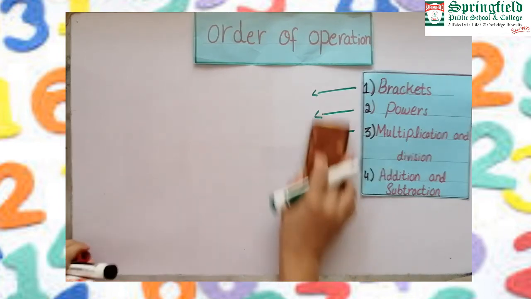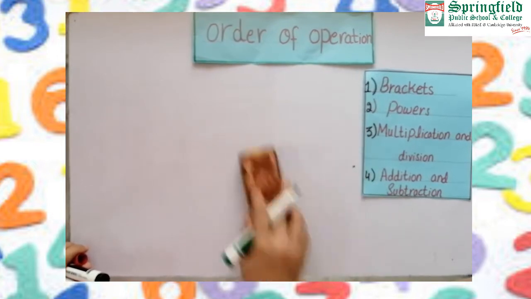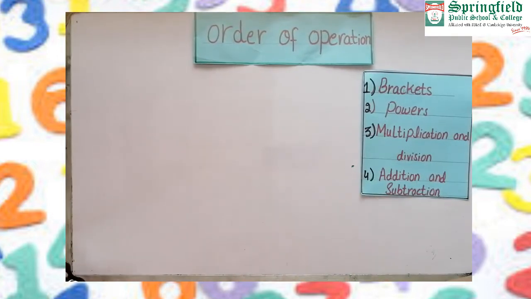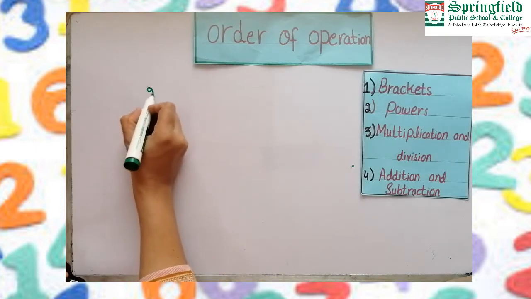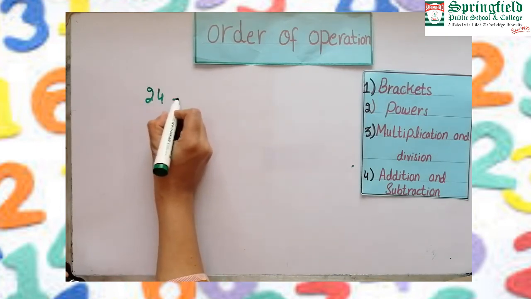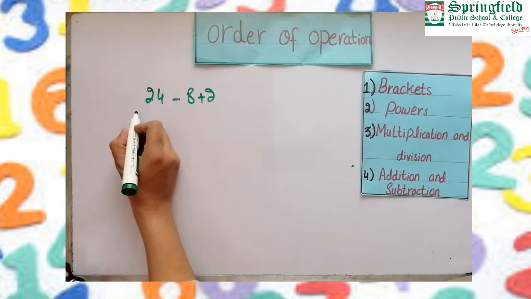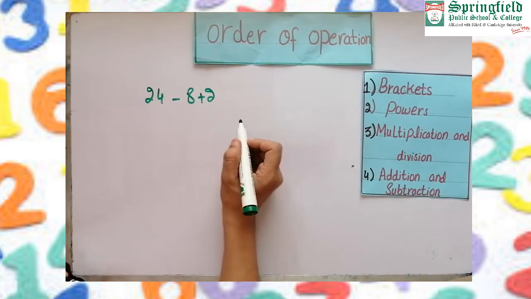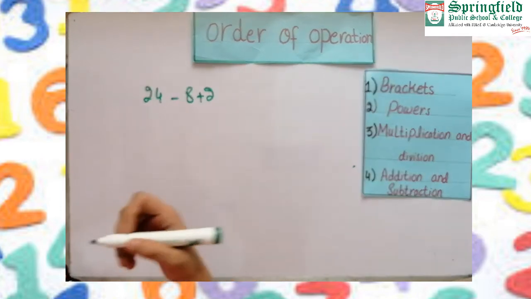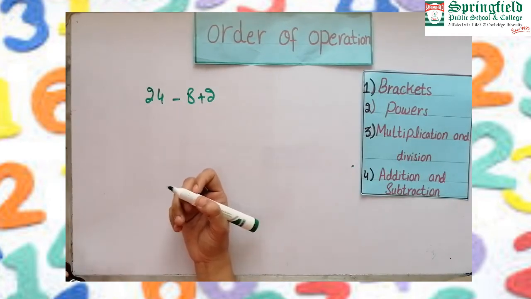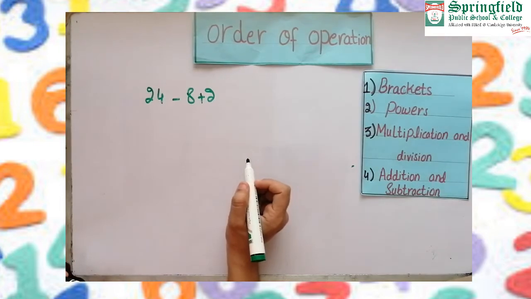Let's suppose that on page number 41, the expression is 24 minus 8 plus 2. This form is called an expression. When any question has more than one operation, you can say that this is an expression.